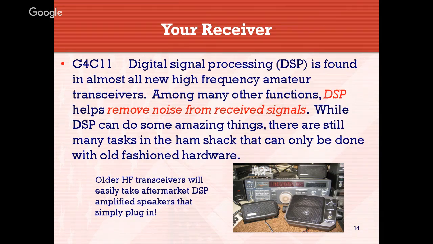So while DSP can do some amazing things, there are still many tasks in the ham shack that can only be done with old-fashioned hardware. And what you see here, your older HF transceivers will easily take aftermarket DSP amplified speakers that simply plug in.